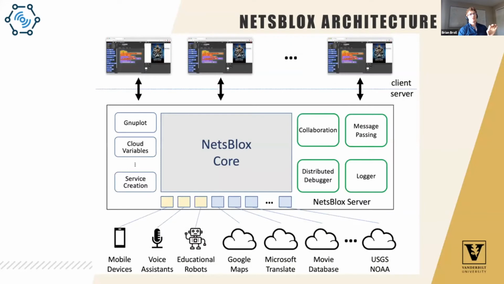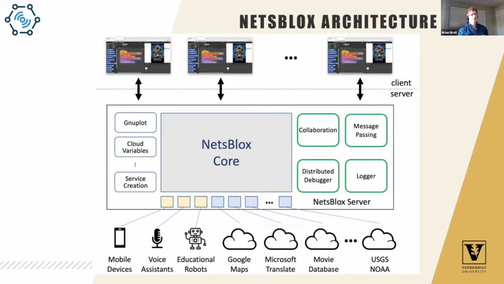Now, before we continue into some more of the demos, which we have coming up here, I wanted to talk just a brief moment about some of the NetsBlox architecture pieces. So with NetsBlox, basically these RPCs and messages are all going through the central server. These RPCs are all made available, or all these sets of services really, on the core part of NetsBlox, which gives you access to GNU plot or cloud variables or service creation.